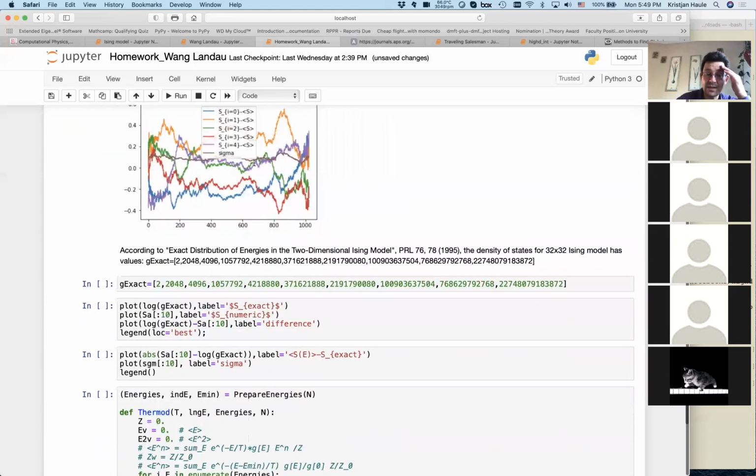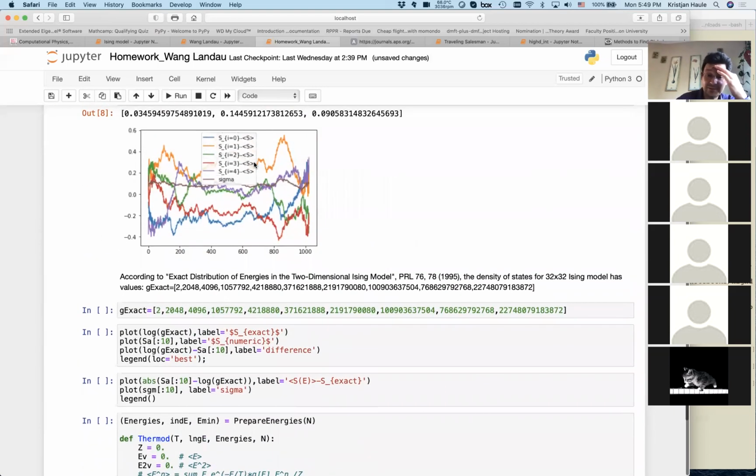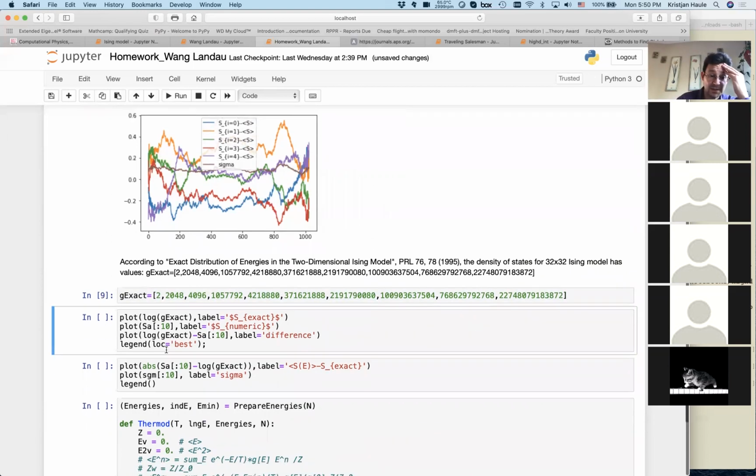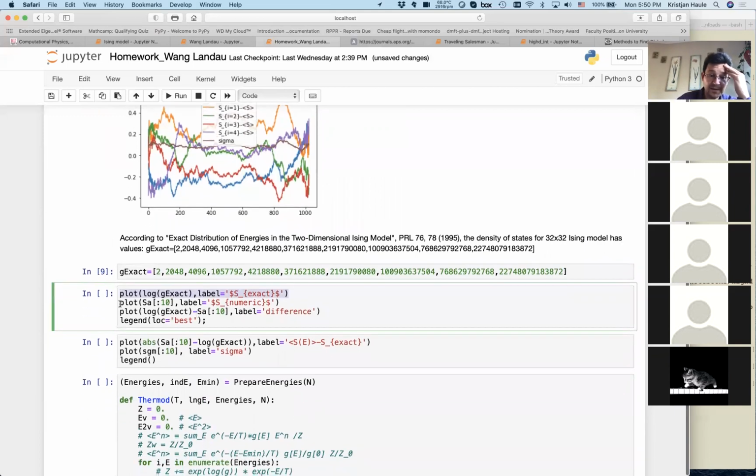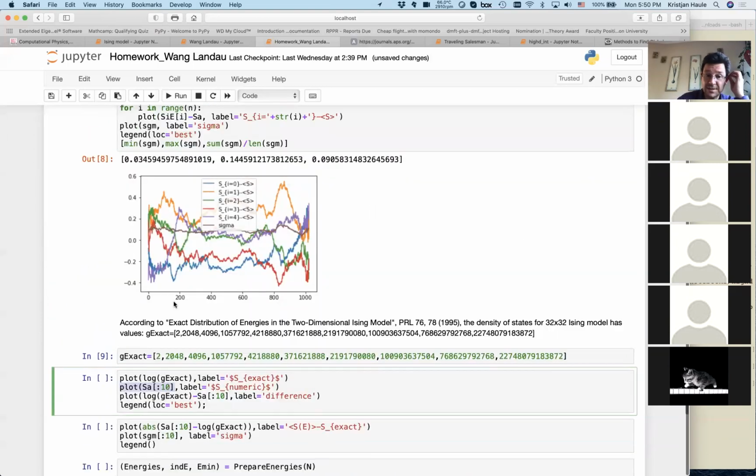Now, in order to see how close we are to reality, we take from the literature the exact density of states that was given. Okay, we evaluate this, and then we plot the exact density of states. This logarithm, we have to take logarithm of this G exact. For the first, we have only first 10 numbers, but that's good enough. Then we plot our best estimation for the density of states.